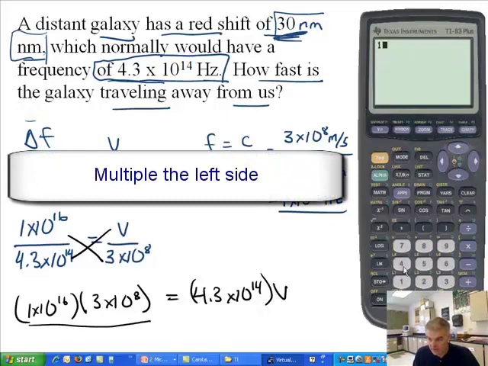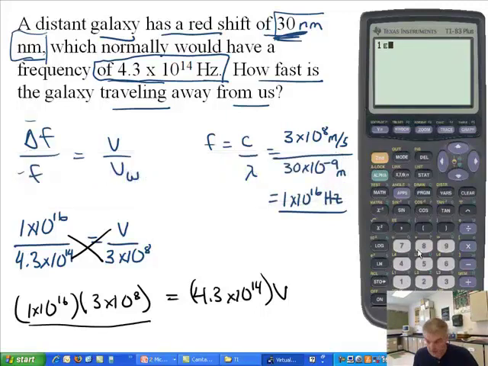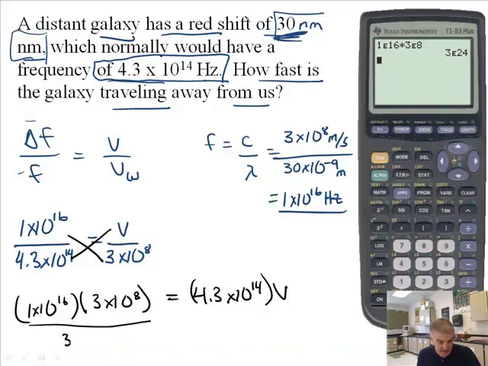I'm going to say 1 second function E 16 times 3 second function E 8 equals. I'm going to get a big number. I get 3 times 10 to the 24th is equal to 4.3 times 10 to the 14th times V.